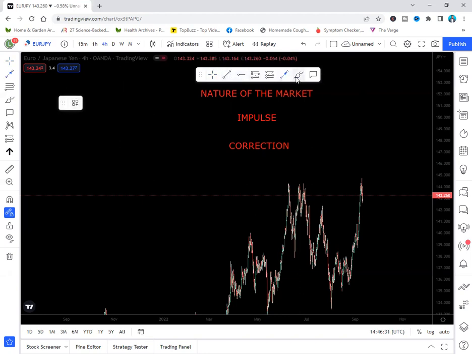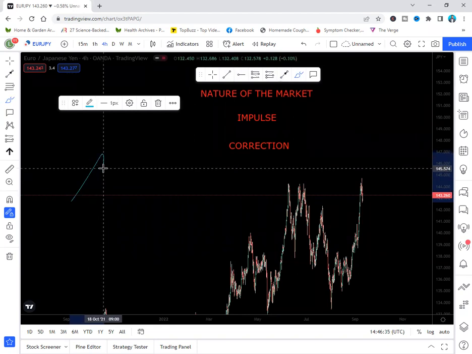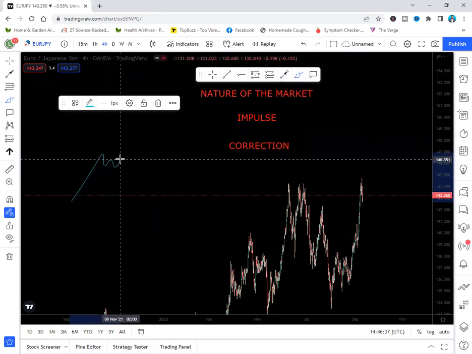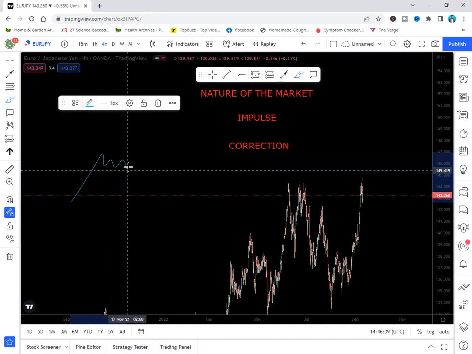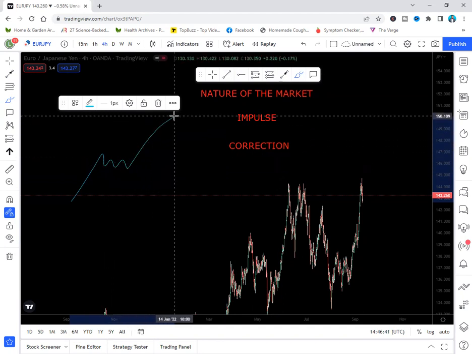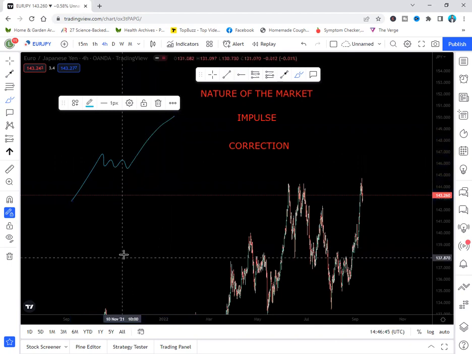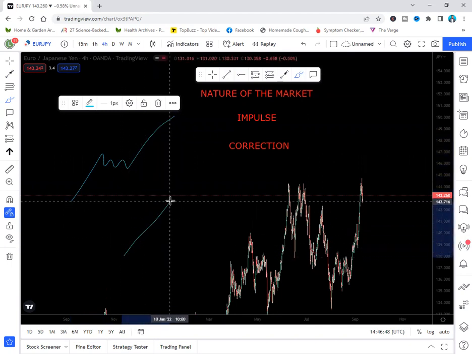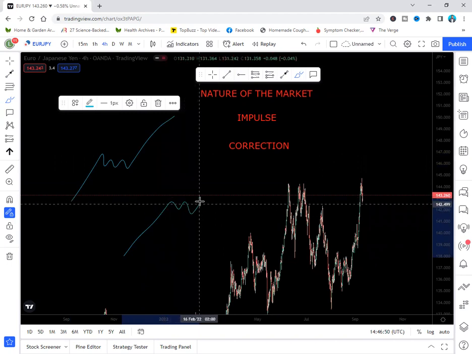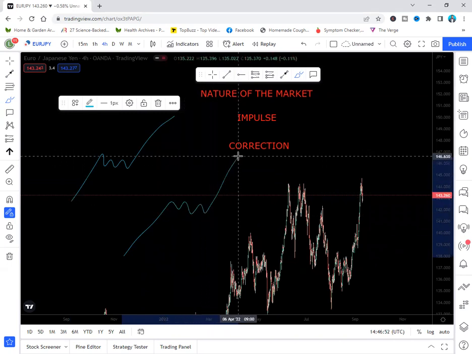Sometimes there might be an impulse, and then you see a correction, and then you see another impulse. I repeat, you see an impulse, you see a correction, and then an impulse.